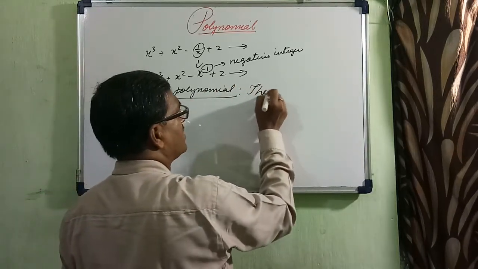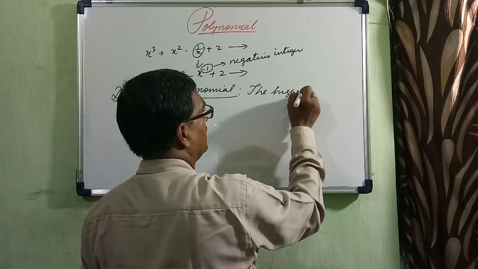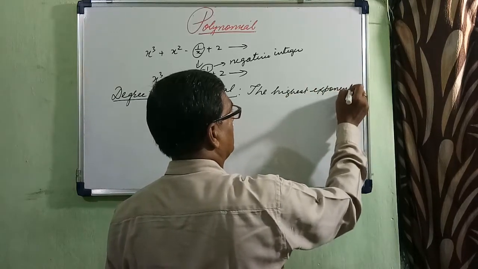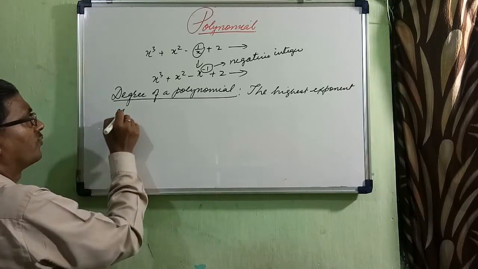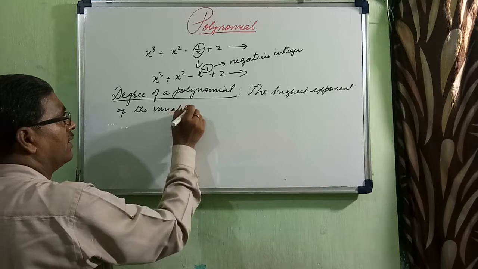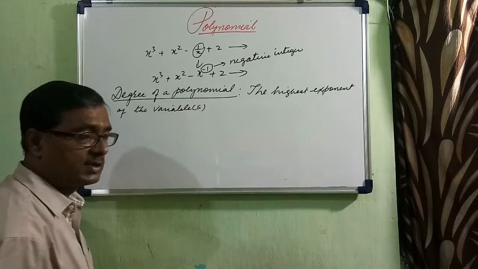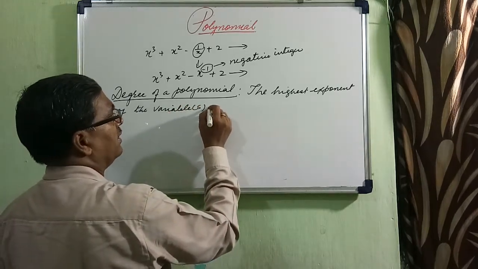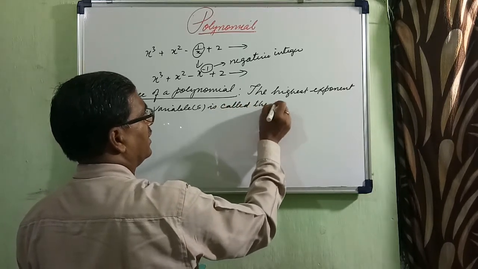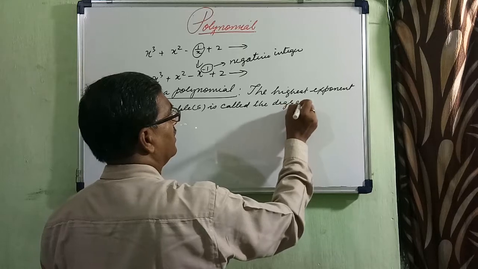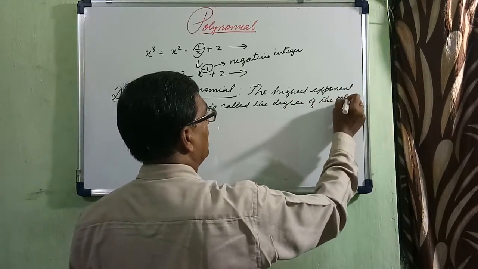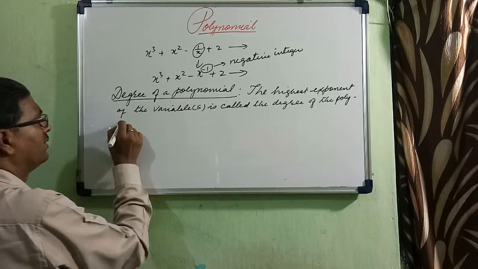The highest exponent of the variable, or you can say variables, is called the degree of the polynomial.